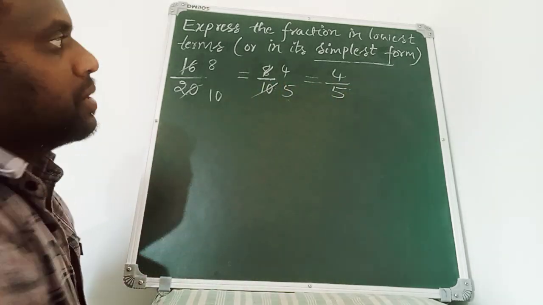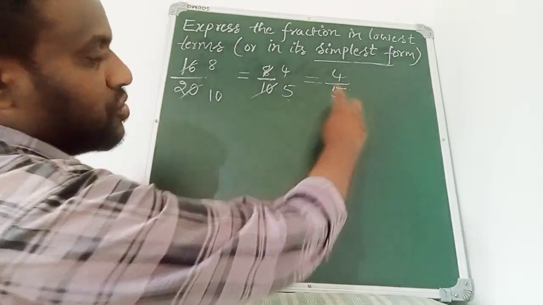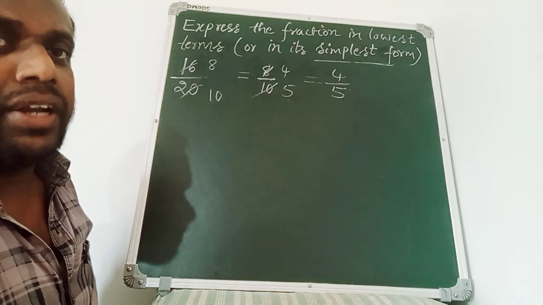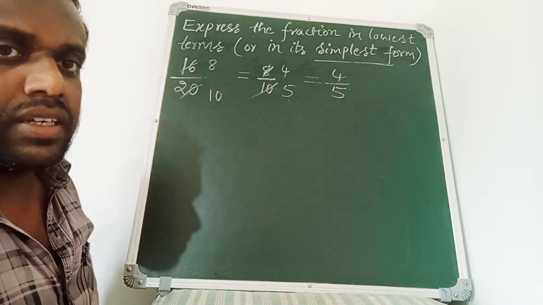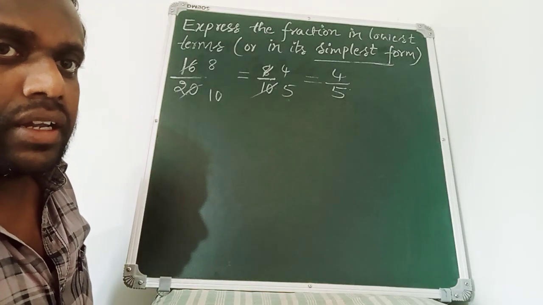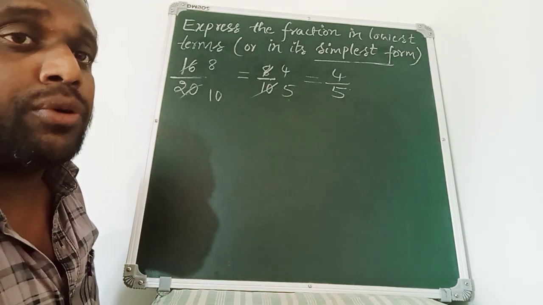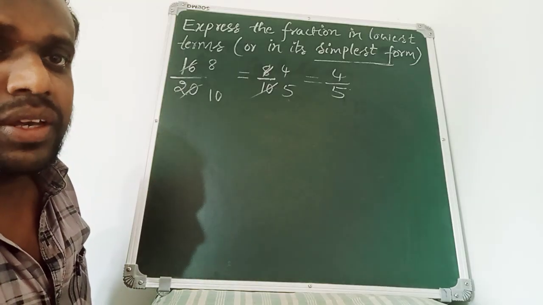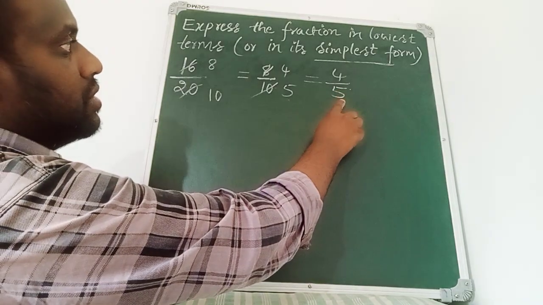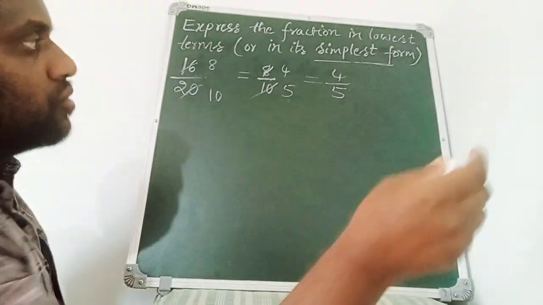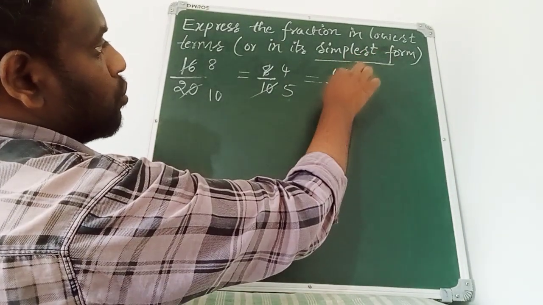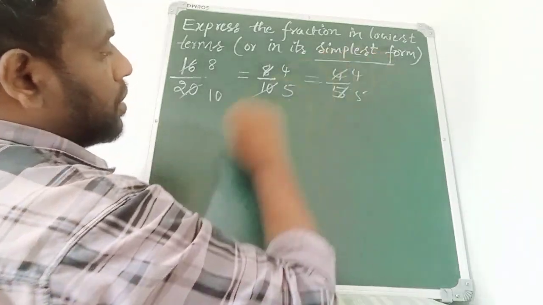That's correct, because 1 four is 4, and 1 five is 5. But you should not select 1. Except 1, you have to take any other number. Why? Because when we divide by 1, we get the same thing. 1 four is 4, 1 five is 5.